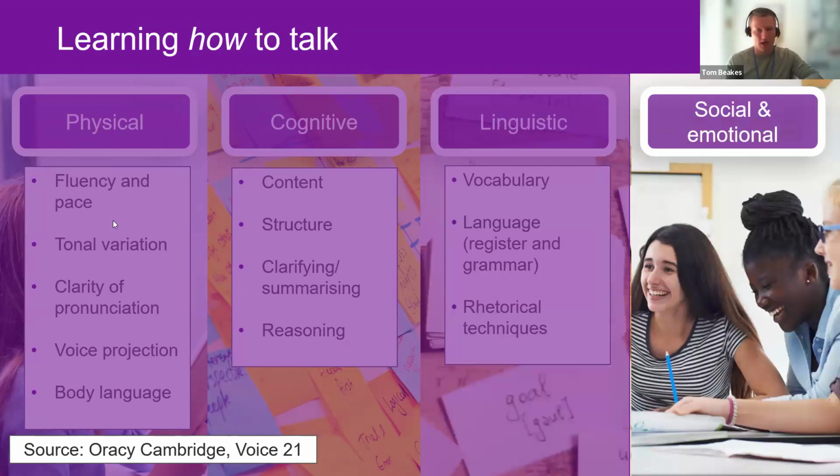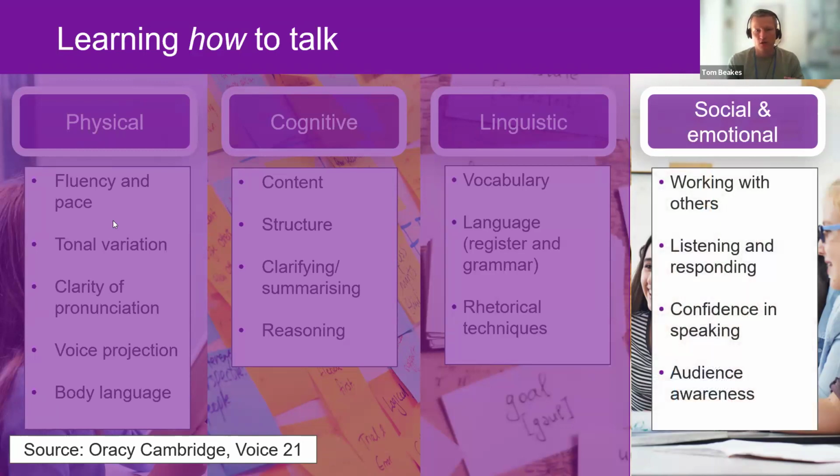And finally, they look at social, emotional skills as well. So really, this is things like being able to work with others and communicate well with others and successfully. So there's things like guiding and managing interactions, taking turns in conversation, listening and responding. So, what we call active listening these days, and being able to show that you're listening, having confidence. And they describe this through phrases like self-assurance and liveliness and flair.